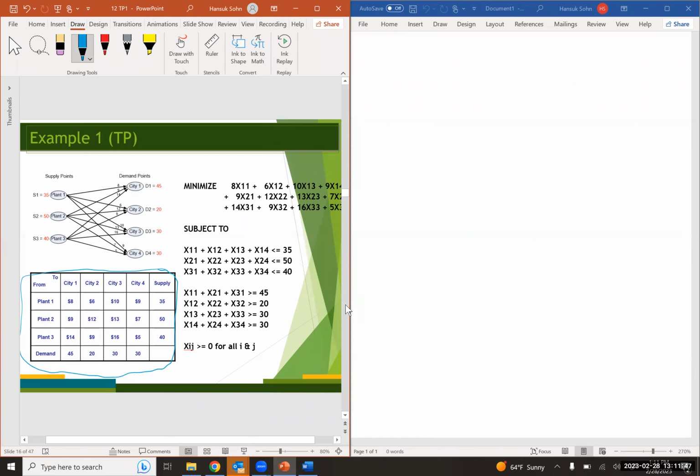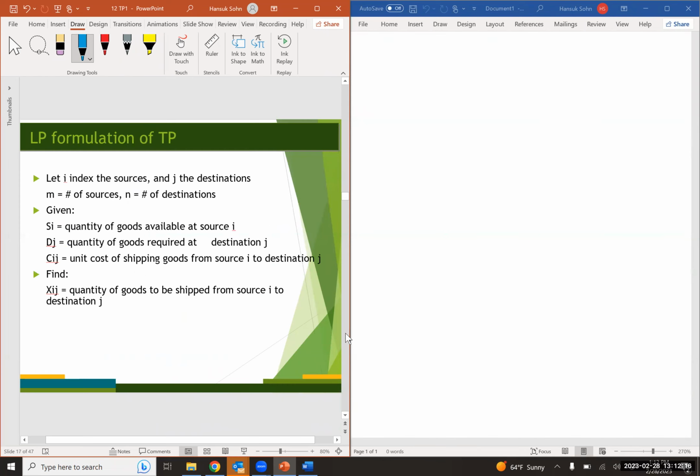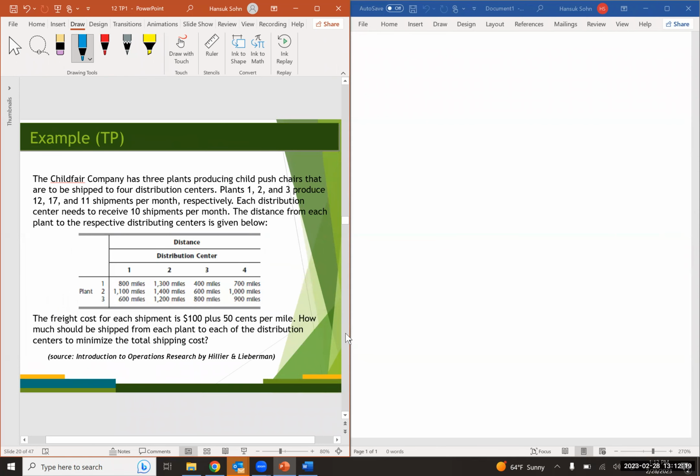It includes the demand amount and supply amount for each destination and source, like this. It also includes the unit transportation cost from each source to destination. So we are going to build a similar transportation table for our example.